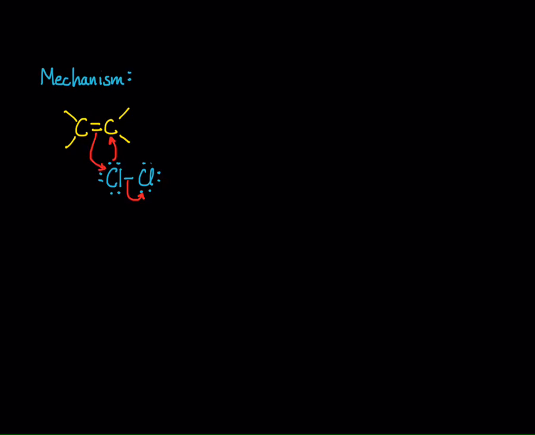And of course, the final step is the breaking of that chlorine-chlorine bond. So this is what the result looks like. We have this carbon-chlorine three-membered ring, and of course we also get chloride as the byproduct, although chloride is a nucleophile.